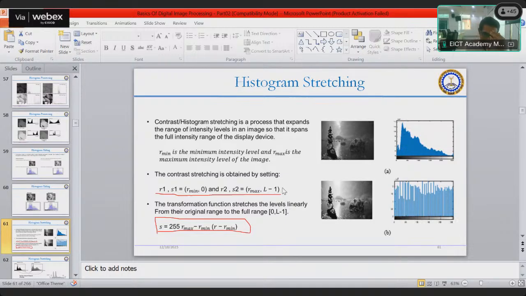Because we want to actually apply those concepts. Histogram stretching is a process that expands the range of intensity levels in an image so that it spans the full intensity range of the display device.